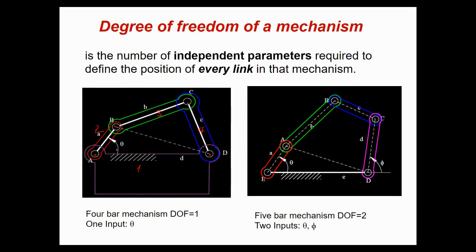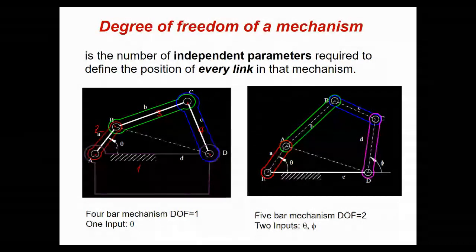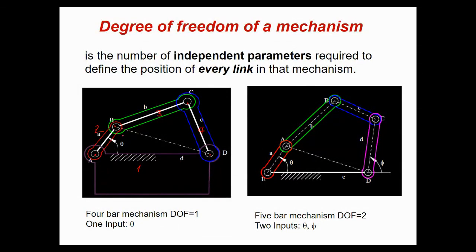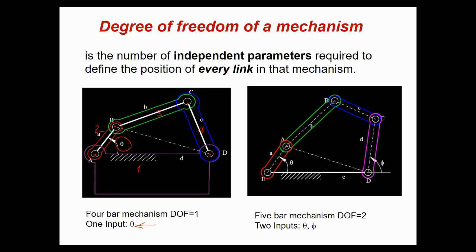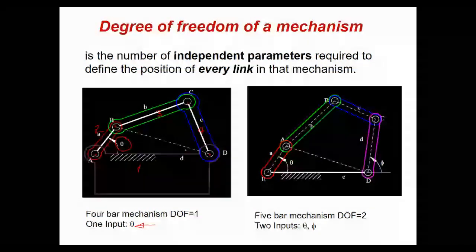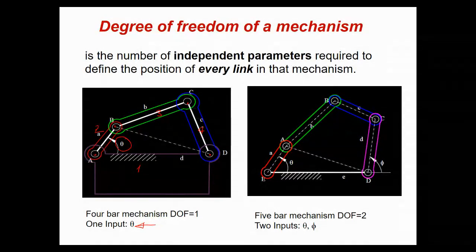Now this mechanism, its position can be specified exactly by specifying only one parameter, and that parameter might be this crank angle theta. So only one input is needed for this mechanism to uniquely specify position of all points in the mechanism.